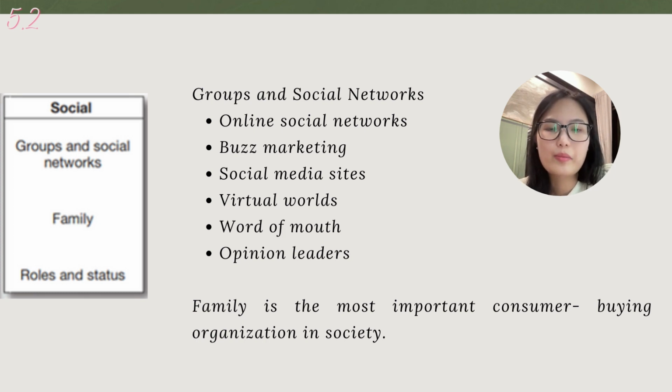Family is the most important consumer buying organization in society. This means, for example, in your family, our mother will go to the market and buy things for the family. So it is a very important category.